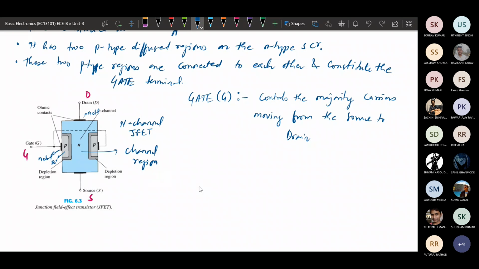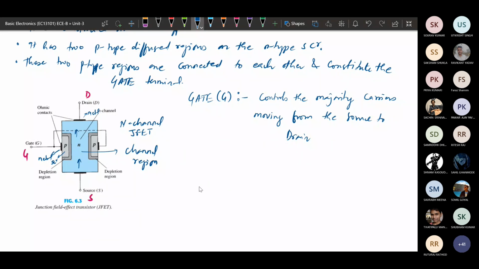Okay, the source. As the electrons or the majority carriers are moving from here to here, in this direction, the source is basically the region that provides the charge carriers. So it is called the source. It is the source of majority carriers.